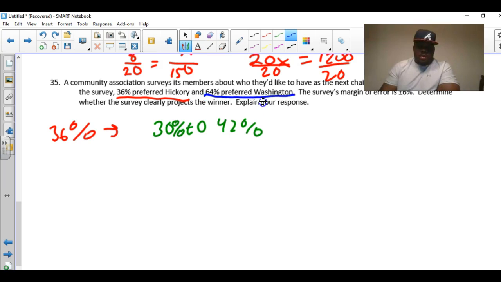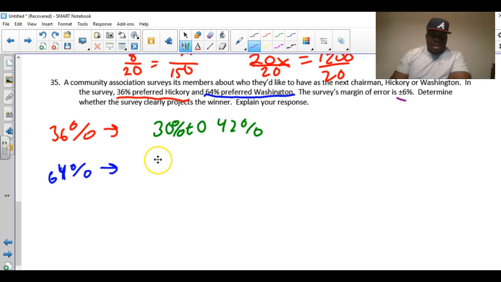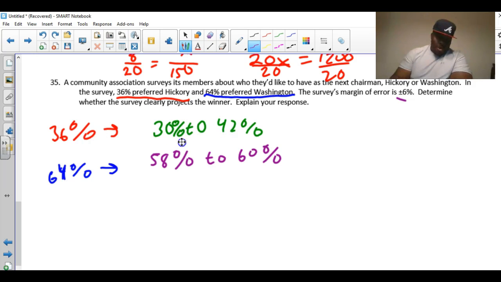Washington received 64%, so 64 minus 6 is 58% and 64 plus 6 is 70%. Hickory's votes are between 30 and 42%, and Washington's are between 58 and 70%.